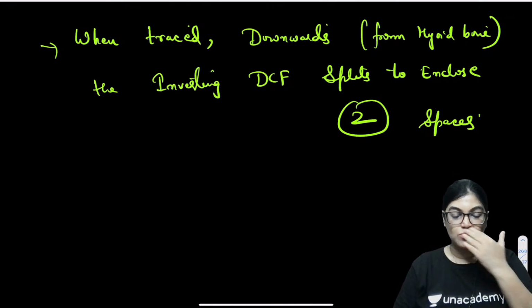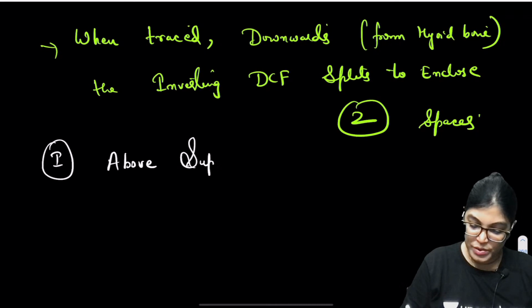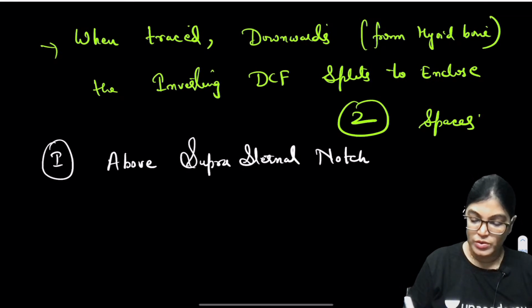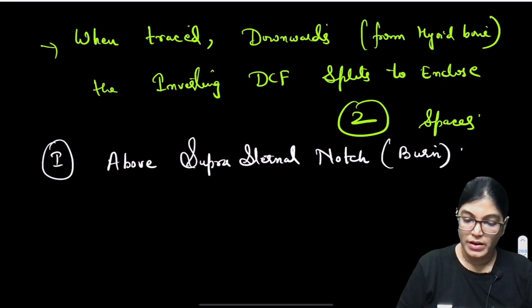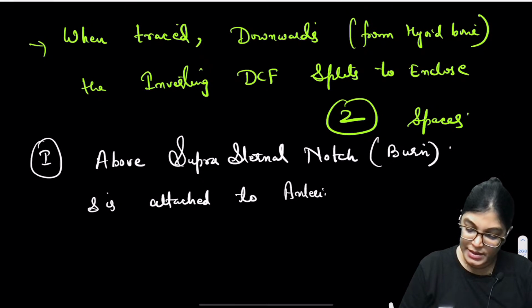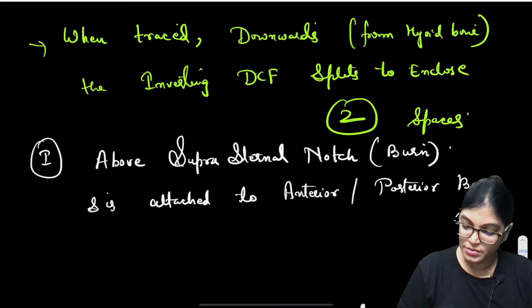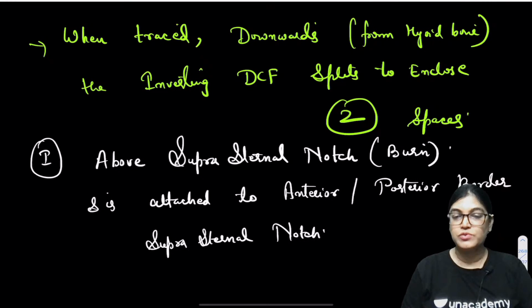One is above the suprasternal notch. It splits to enclose one space at the suprasternal notch, and this space is called the suprasternal space of Burns. It is attached to the anterior and posterior border of the suprasternal notch.